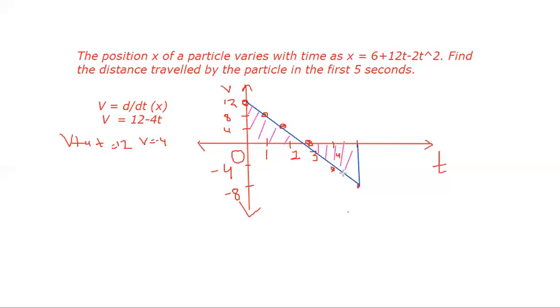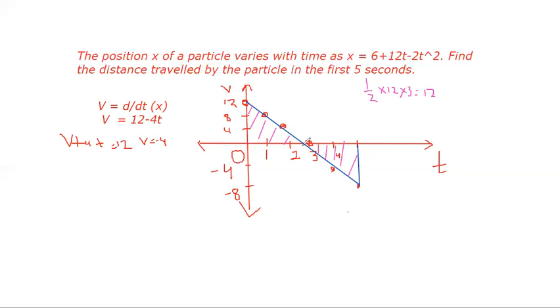What is the area under this curve? It is the area of two triangles, this triangle and this triangle. What is the area under this triangle? Half into base into height, half into 12 into 3, which gives you 18.